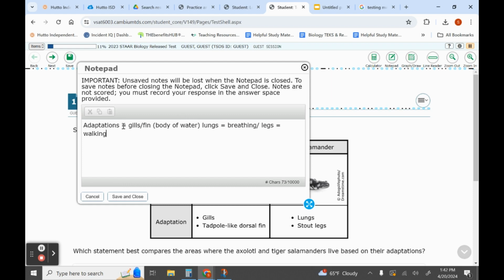So we know an adaptation is something that helps an organism survive. We're just going to put that. That's what I remember from adaptations. And then I know gills and fin help with breathing underwater.